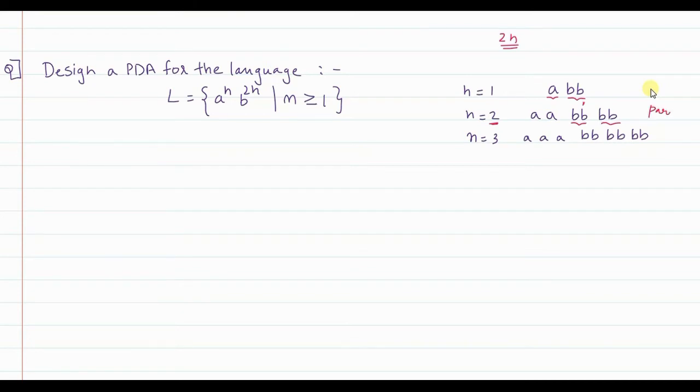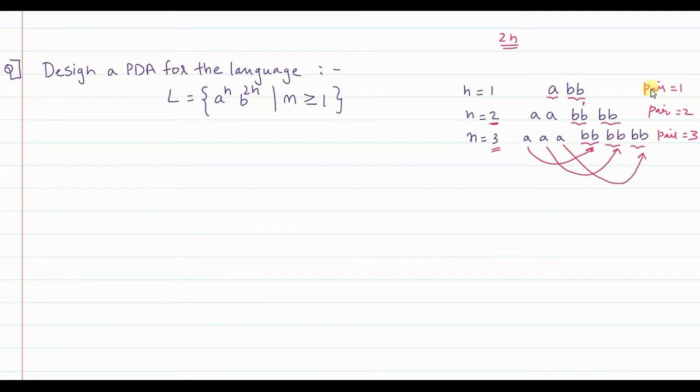Here pair equals 1. Similarly, when n is 3, you will have 3 pairs of b's, and each pair corresponds to each a. For this a you will have this pair, and for this a you will have this pair.